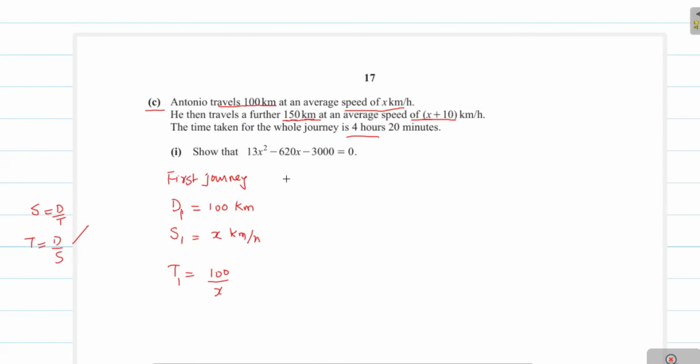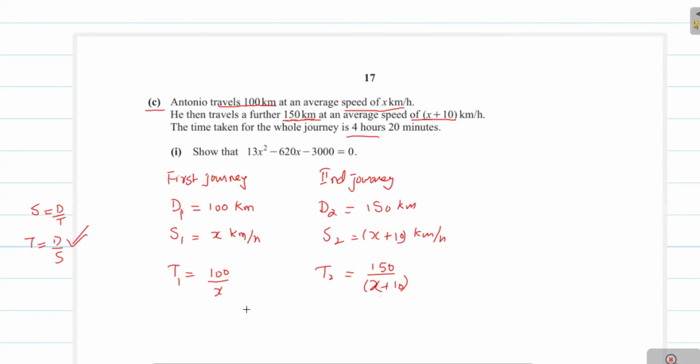Now this is the first journey time. In the second journey, the distance is 150 kilometer and the average speed is x plus 10 kilometer per hour, and the time will be equal to 150 over x plus 10, because time equals distance over speed.